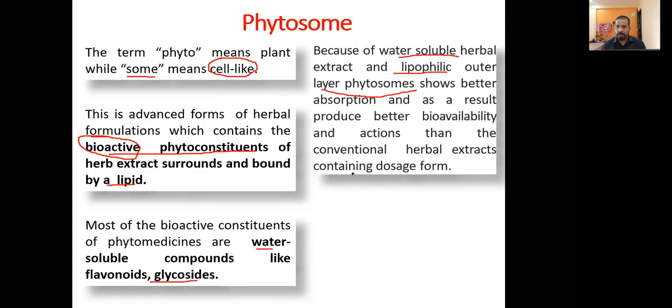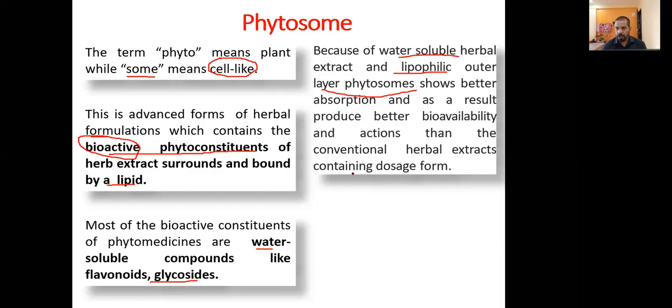So here we studied the external membrane, that is the polar lipid head, and these phytosomes have a chemical bonding and get incorporated inside that lipophilic membrane.